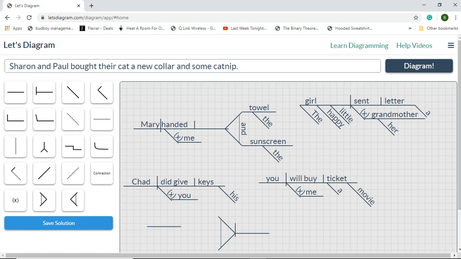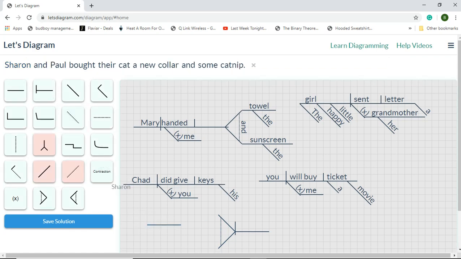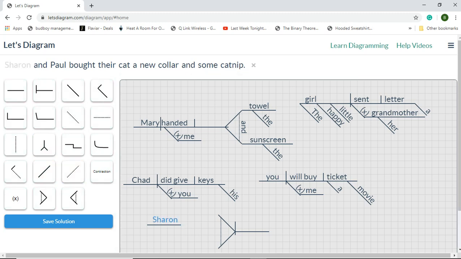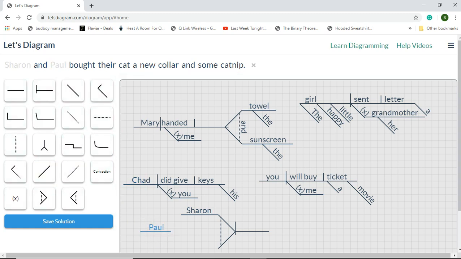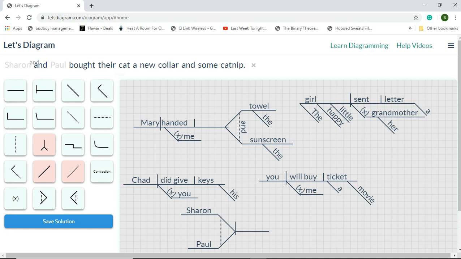So Sharon and Paul. Okay. How are they connected? They're connected by the coordinating conjunction "and." So that goes right here.